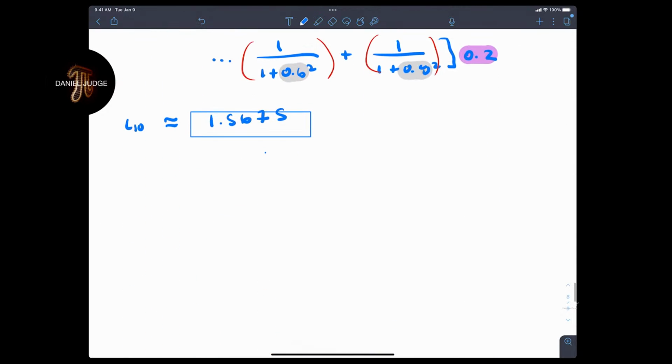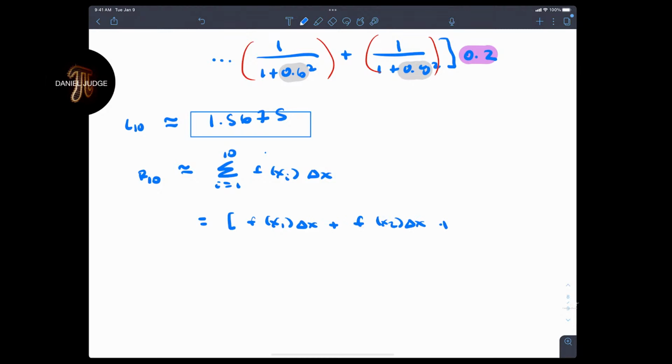We're going to repeat the same process now for the right endpoint approximation for R10. Now remember, for the right endpoint, we go from 1 to 10. F of xi delta x from 1 to 10. So this portion becomes f of x1 delta x plus f of x2 delta x plus f of x10 delta x.